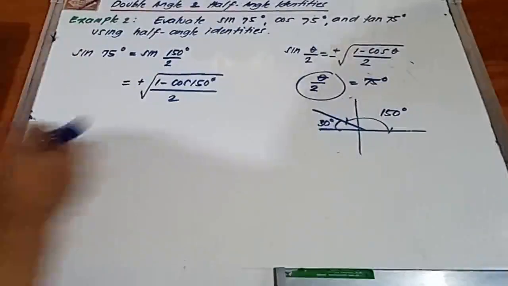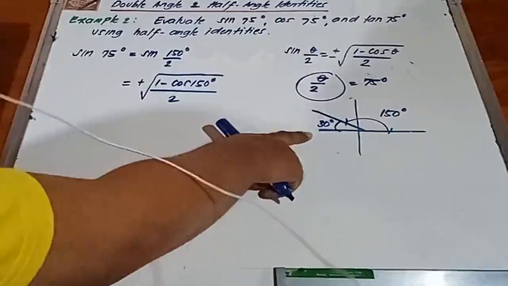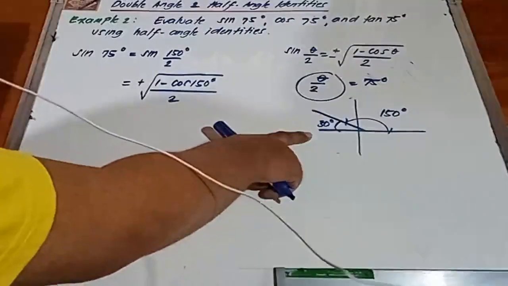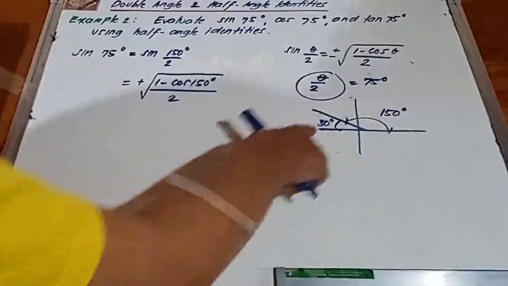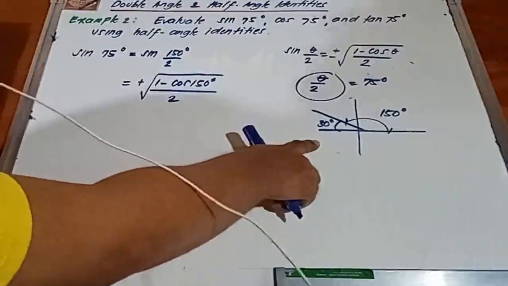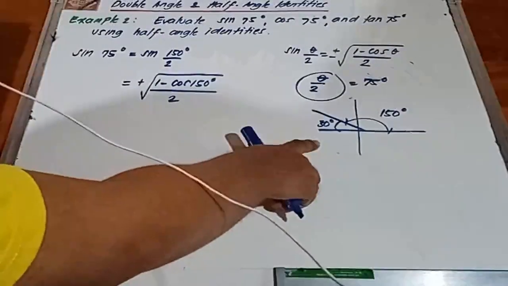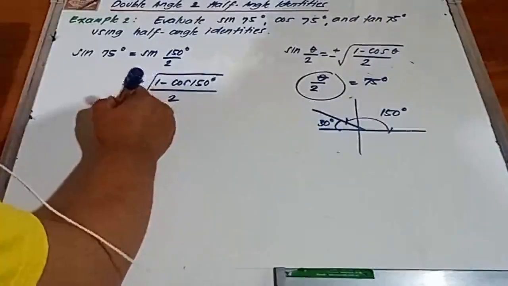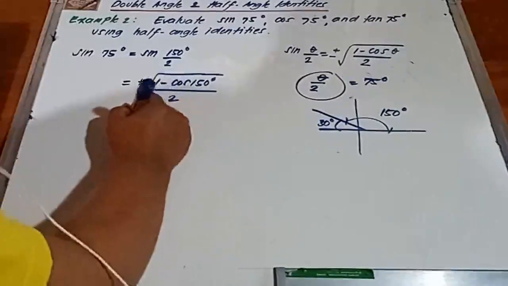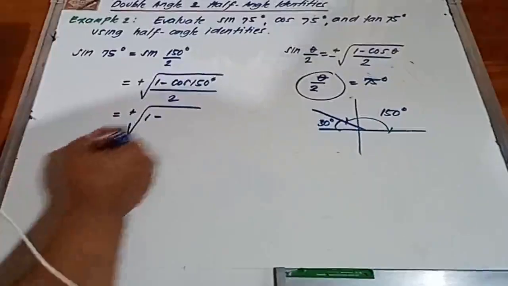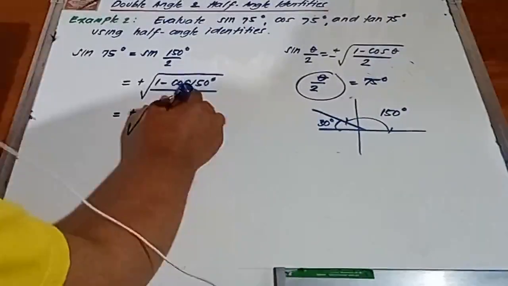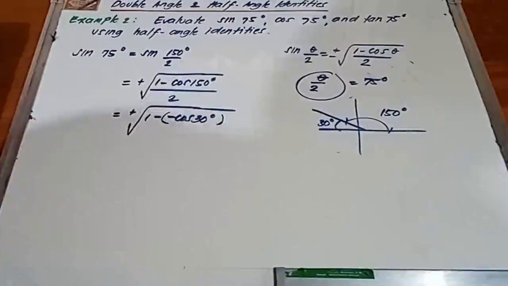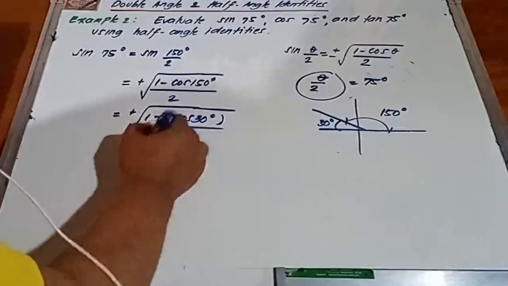Okay. Ang cosine dun sa ating second quadrant is negative. Okay? Cosine 150 is negative. Therefore, cosine of angle 30 dun sa ating second quadrant is also negative. Okay? So, plus square root of 1 minus negative cosine 30 degrees, kasi nasa second quadrant yung ating reference angle, over 2.